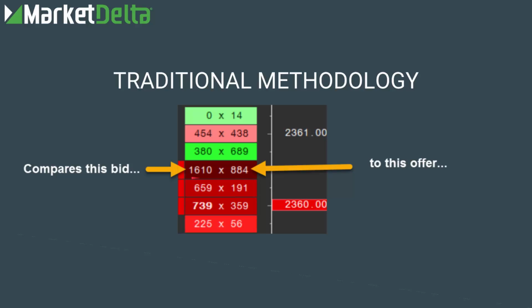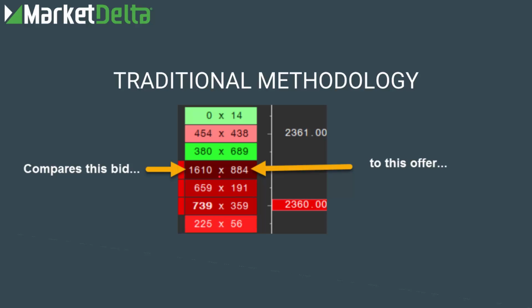And so it keeps track of it, as you see here. 1610 traded when 60 half was the bid price, and 884 traded when it was the ask price. And more traded when it was the bid, meaning more aggressive selling, hitting of the bid, which is why the background here is red. That's a negative delta.